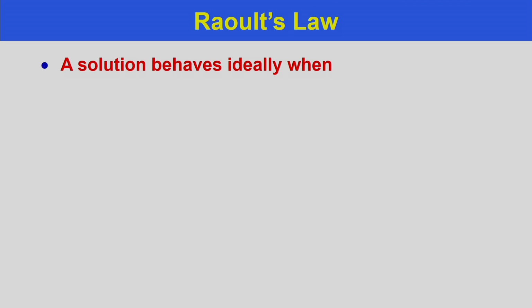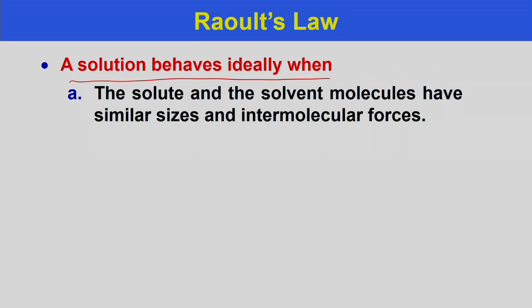Raoult's law is applicable for ideal solutions. What does an ideal solution mean? A solution that behaves ideally when it meets certain conditions. The solute and the solvent molecules have similar sizes and intermolecular forces.